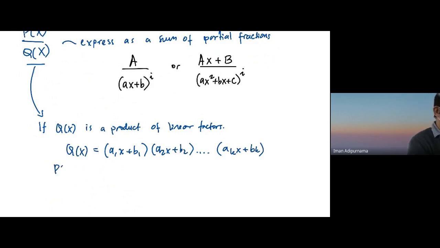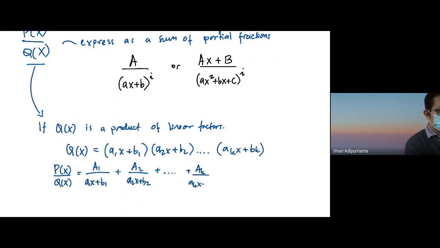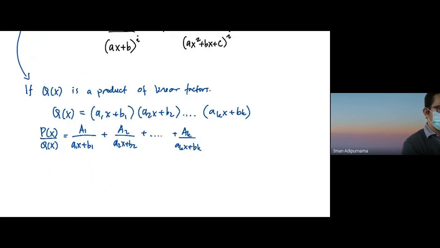Then we can write P over Q into A1 and so on. So in the first case here, no factor is repeated. Every one of these is a different factor from one another.